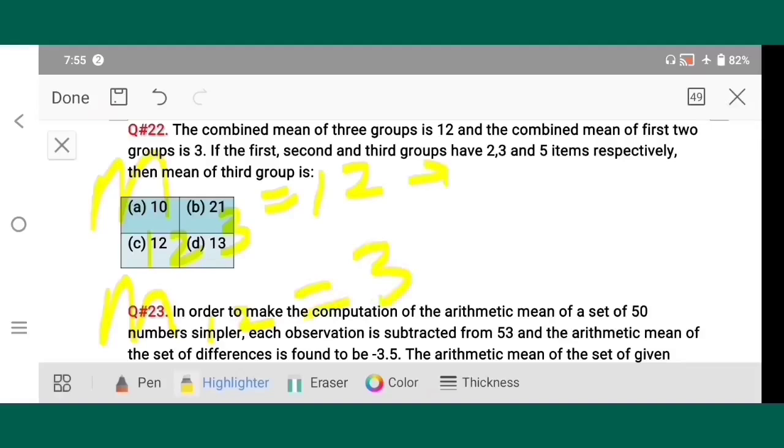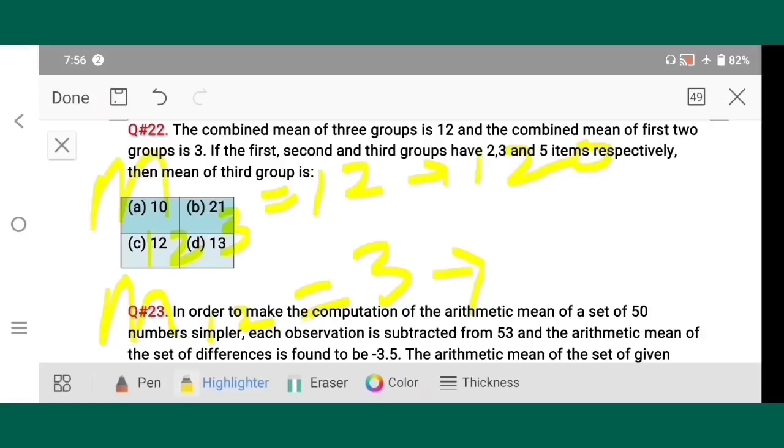If the first, second and third groups have 2, 3 and 5 items respectively, so it means in total we have 2 plus 3, 5, 5 plus 5, 10 observations. So when we are going to find the sum, just multiply 10 with 12, so it gives 120.